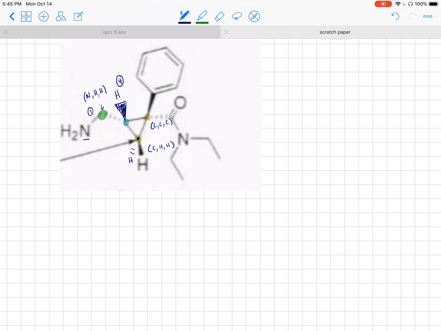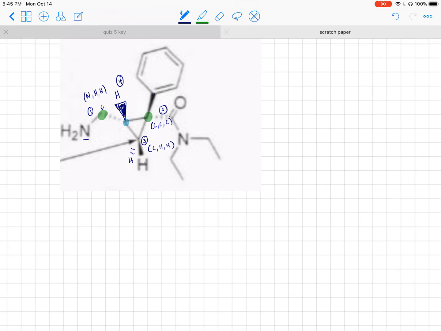Then between the two ones that are left, there's one that's bonded to 3 carbons and there's one that's bonded to a carbon and 2 hydrogens. And so the one that's bonded to 3 carbons is going to have the next priority. So that's going to be this one, and that is number 2, which leaves this carbon to be number 3.